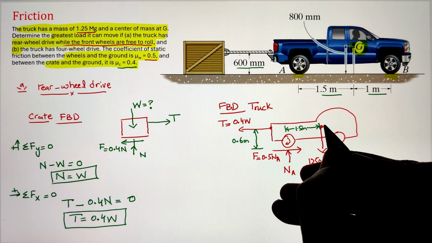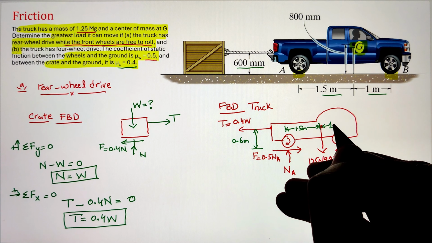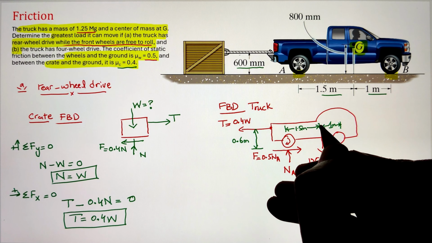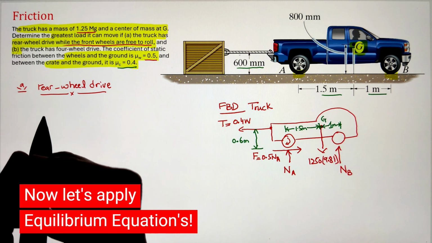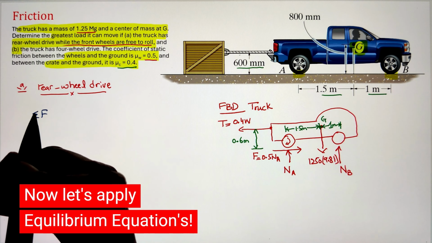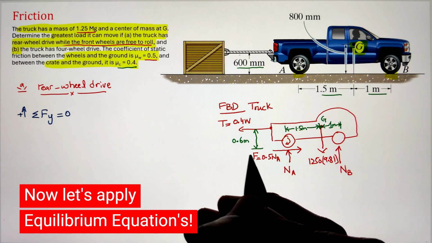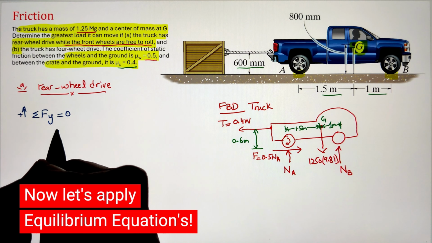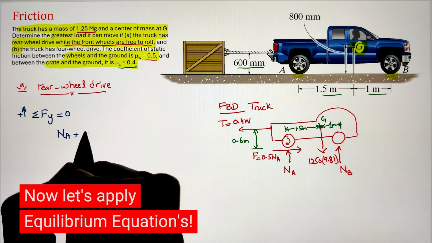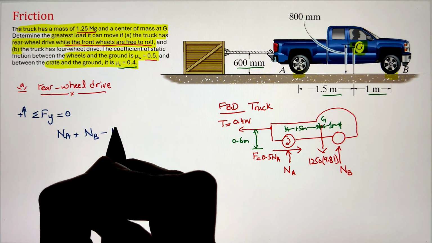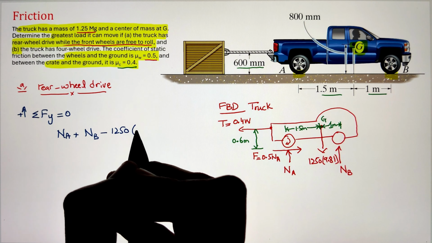Now, once we have the free body diagram that lists all the external loads and the support reactions, let's go ahead and start applying our equilibrium equations. We have three equilibrium equations, starting with summation of forces acting along the y-axis equals 0. Here I have two normal forces NA and NB going in the upward direction, whereas the weight of the truck is going downward.